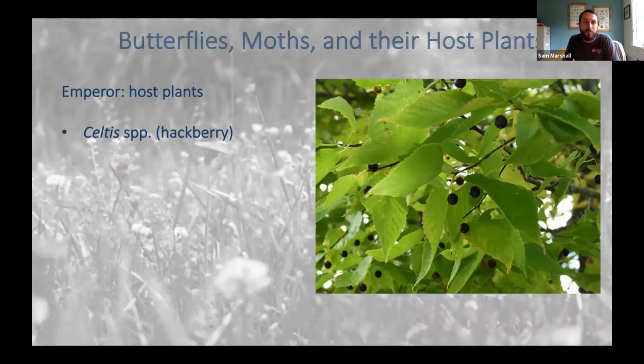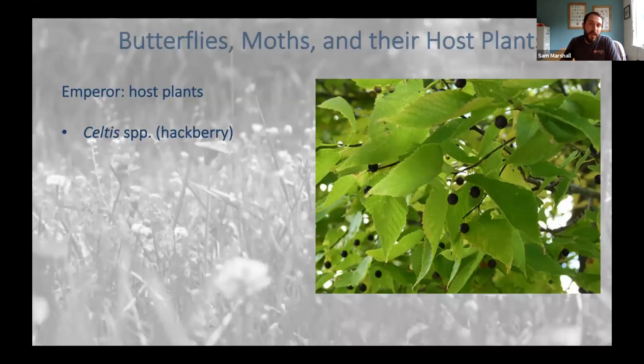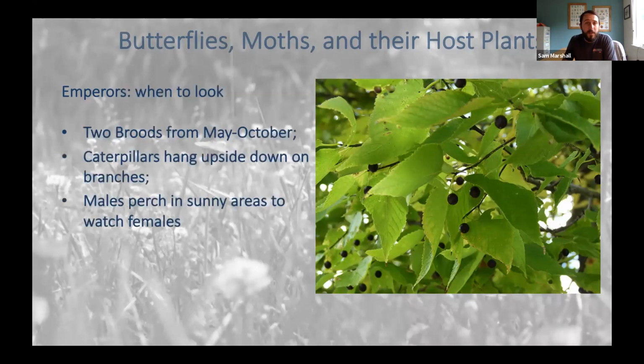So if you really want to attract hackberry emperors to your garden, you have to plant hackberries. They don't feed on anything else. So they're kind of the opposite of the other Saturniids we learned about previously, which feed on only a few species or within one genus of plants.